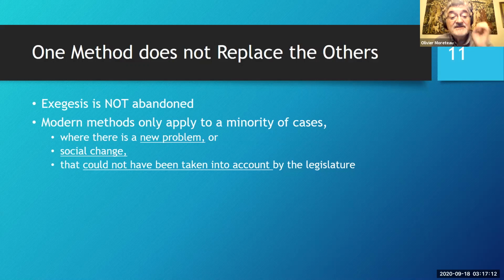The situations where you have a new problem or you have a social change that could not have been taken into account by the legislature, a problem that clearly could not have been anticipated. There you see room for using the modern methods.